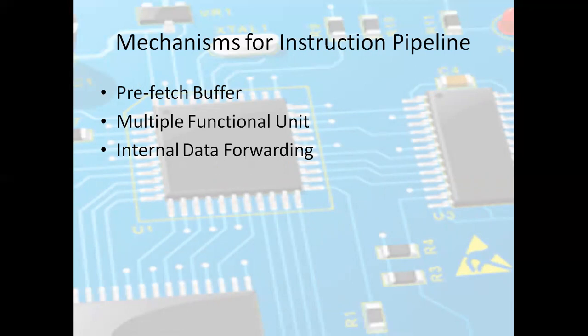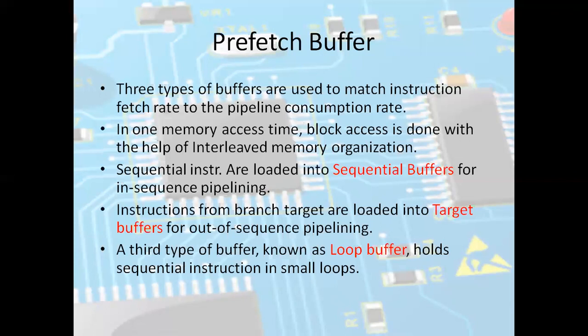The mechanisms of the instruction pipeline are prefetch buffer, multiple functional units, and internal data forwarding. For the prefetch buffer, three types of buffers can be used: sequential buffer, target buffer and loop buffer. These types of buffers can be used to store the data.